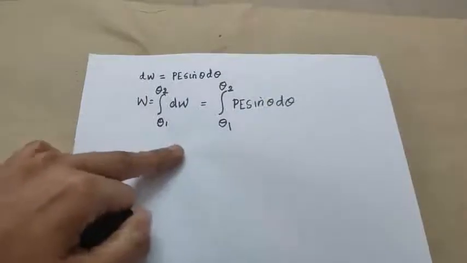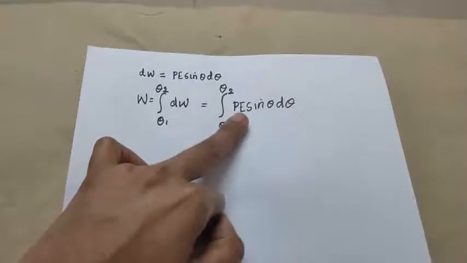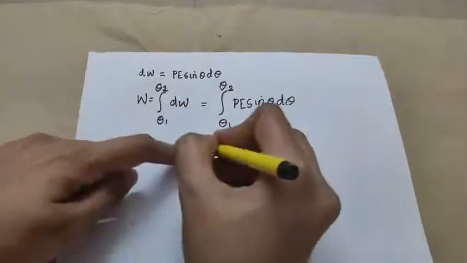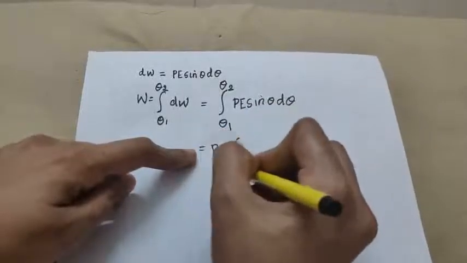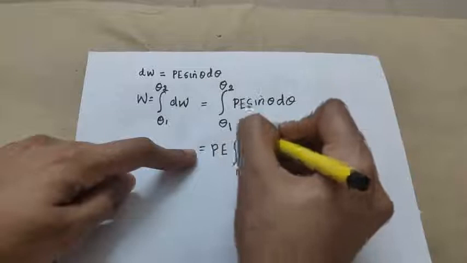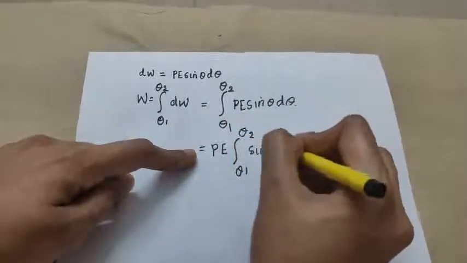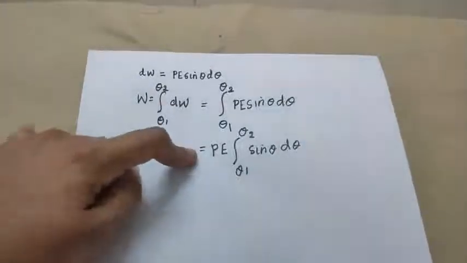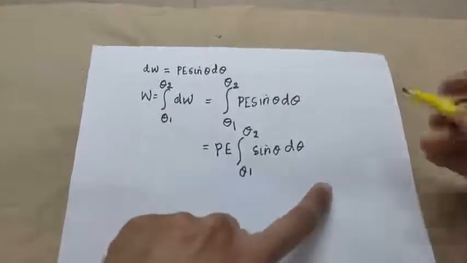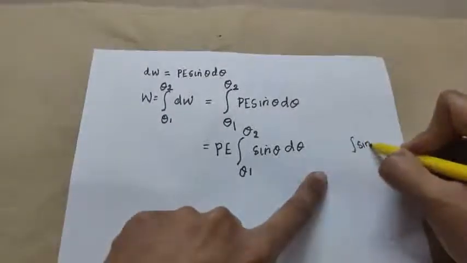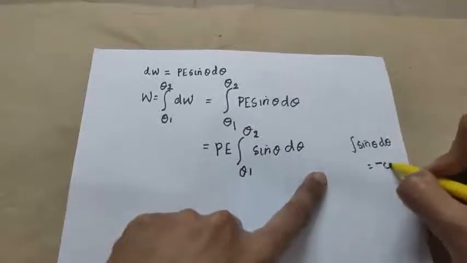Then we are going to integrate this. P and E are constants, so we can take them outside the integral sign. So it is PE times the integral from theta 1 to theta 2 of sin theta d theta. The integral of sin theta d theta is equal to minus cos theta.